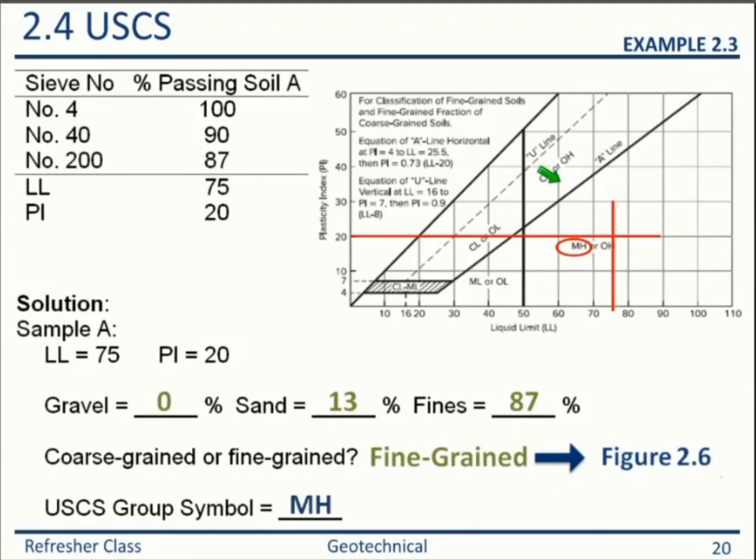Sometimes your point, the values of liquid limit and PI, could lie in this hatched area, this trapezoid hatched area. In that case, that indicates your soil has dual nature, CL-ML. This is especially useful when you are classifying the granular soil. Okay.